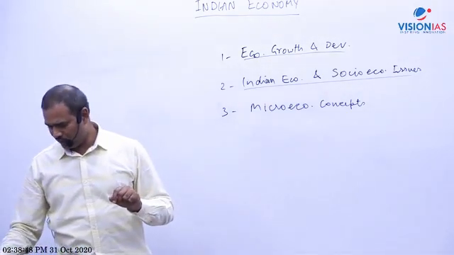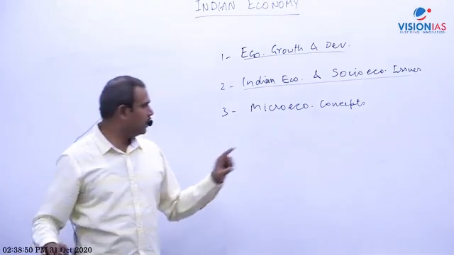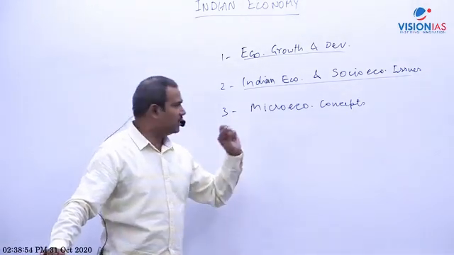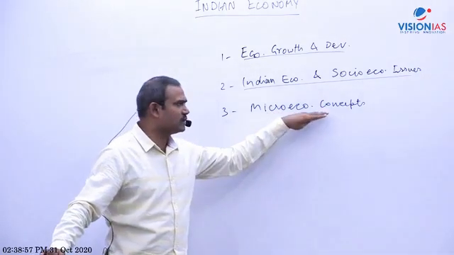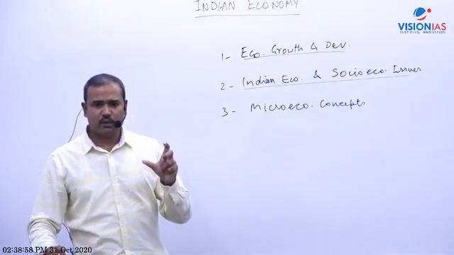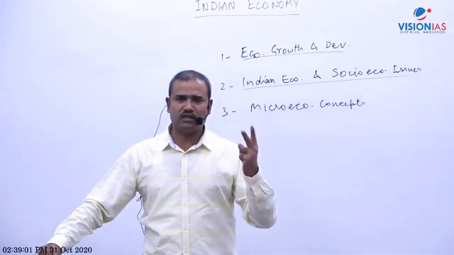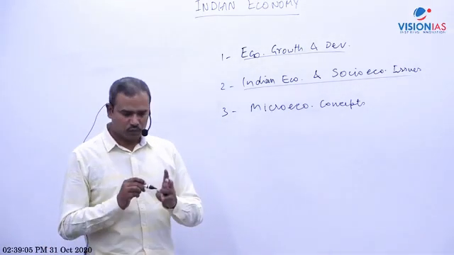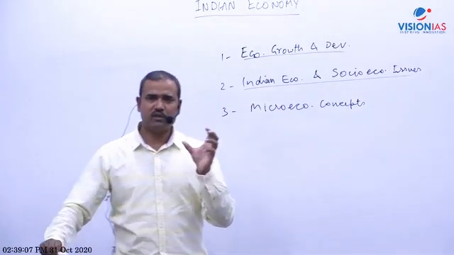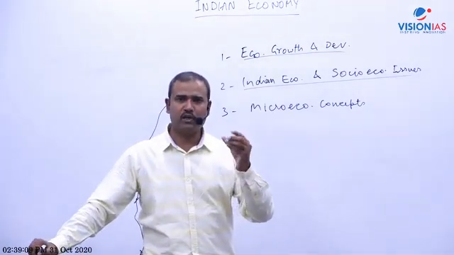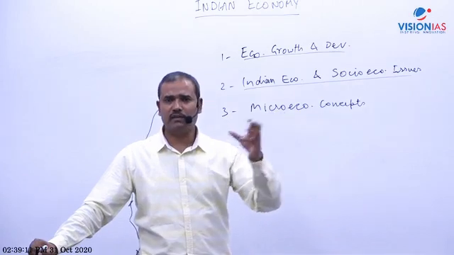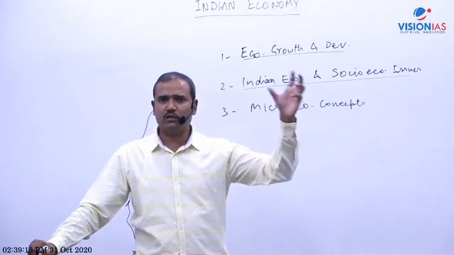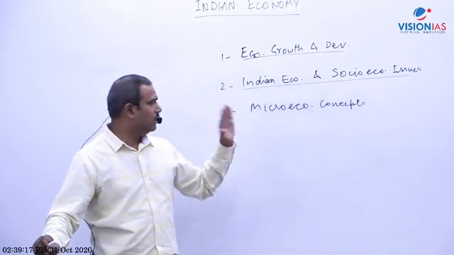I told you micro is not relevant for the UPSC exam, but in this chapter I will discuss some basic concepts from microeconomics, like demand, supply, etc. There are two reasons. One is that some basic concepts are important to understand macroeconomics. Without understanding demand and supply, it will be difficult to analyze the economic situation of a country.